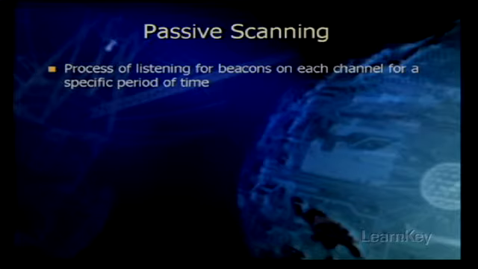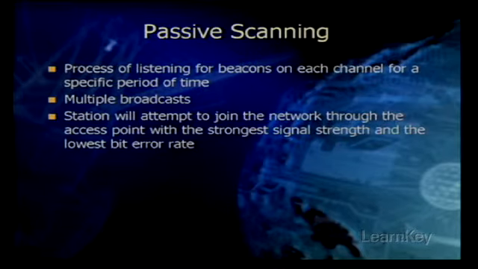The station will then attempt to join the network through the access point that actually sent the beacon. In configurations where you have many different access points, the SSID of the network the station wishes to join may be broadcast by more than one of these access points overall. In this situation, your station makes a good decision as it attempts to join the network through the access point that has the strongest signal and the lowest bit error rate.